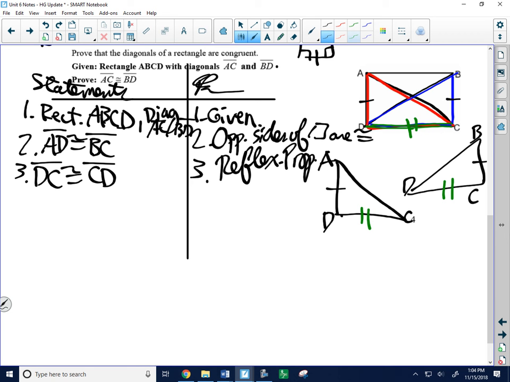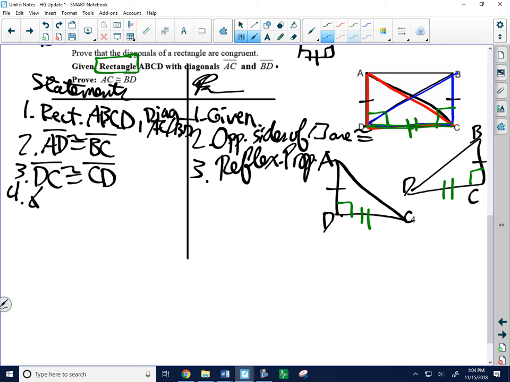I'm down to needing one more angle or one more side. And I'm not going to get the side because that's what we're trying to prove. So once we have the triangles congruent, we'll get the hypotenuse. We need one more angle. And I go back to the fact that it's a rectangle. The basic definition of a rectangle is that these are right angles. I could name all four of the right angles in the rectangle, but I only need these two.